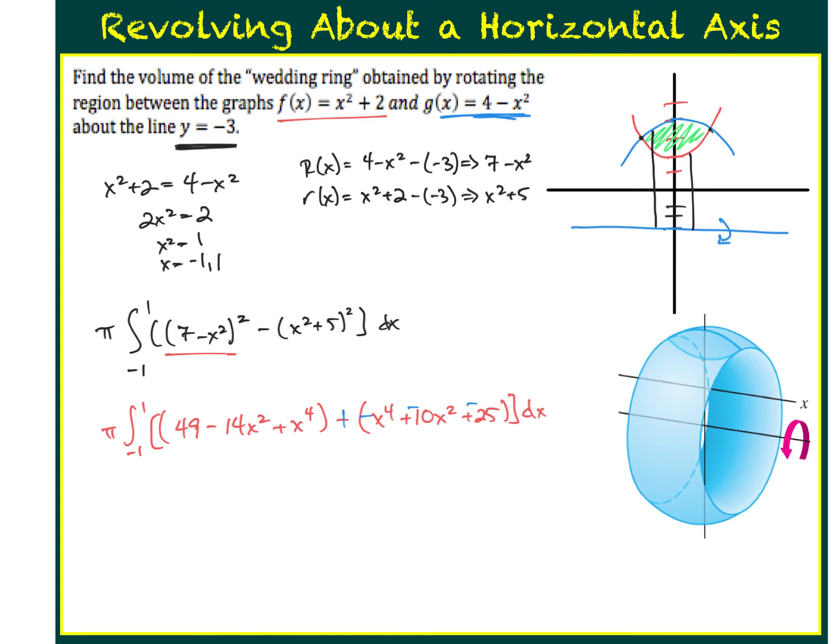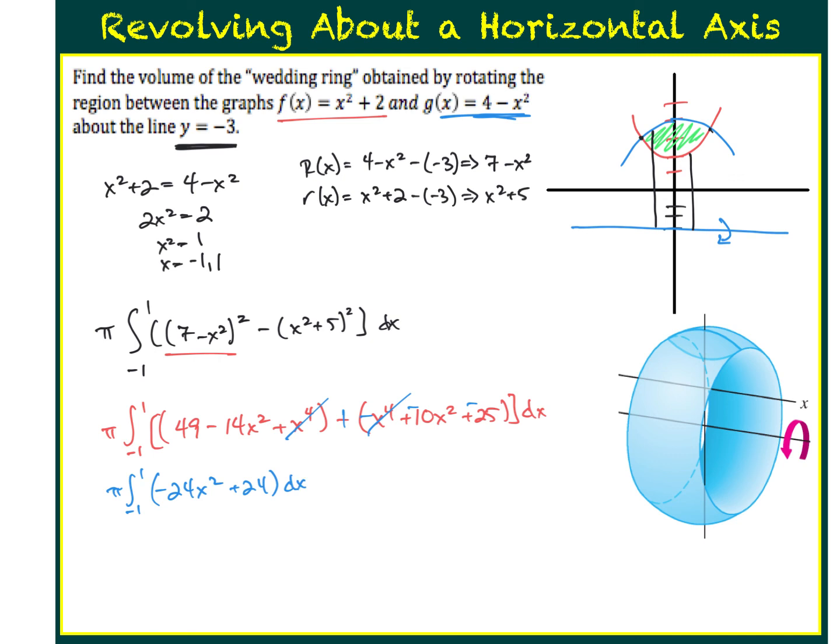We start combining like terms, and something beautiful happens: the x to the fourth cancel. Now how many x squareds do we have? Negative 24x squared. And 49 and negative 25 go to 24. Now we're going to take an antiderivative.